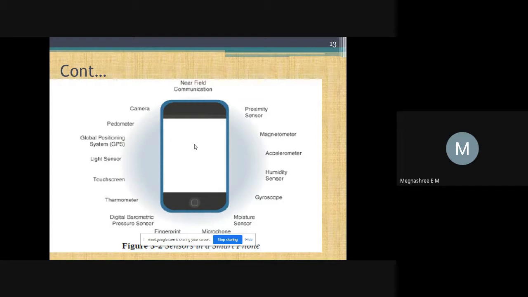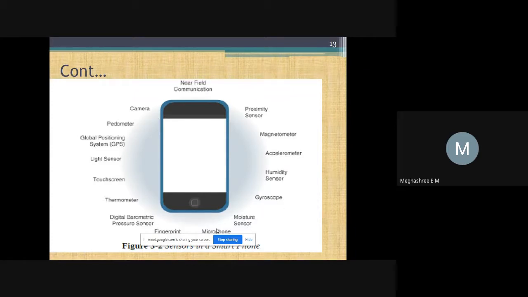And the count is also increasing every year, right? So here in a smartphone, there may be hundreds of sensors deployed. While manufacturing, this is one such example considered here, where for near field communication, a sensor is used, proximity sensor, then accelerometer, magnetometer, humidity sensor, gyroscope, moisture sensor, microphone.